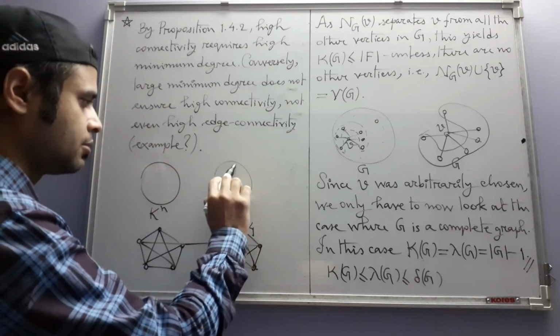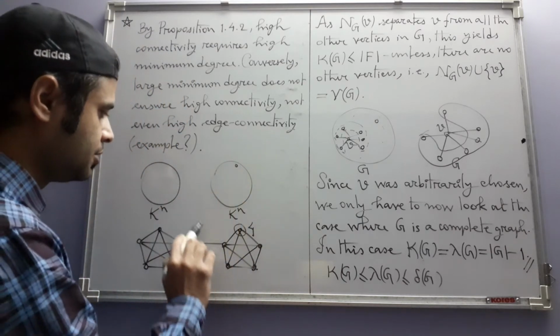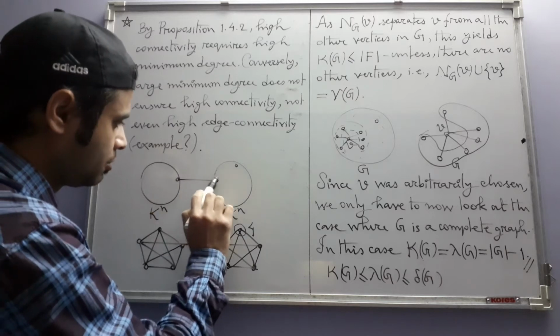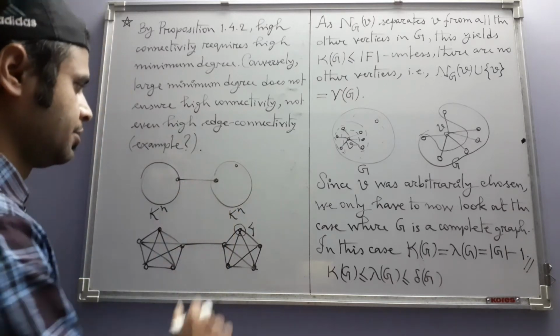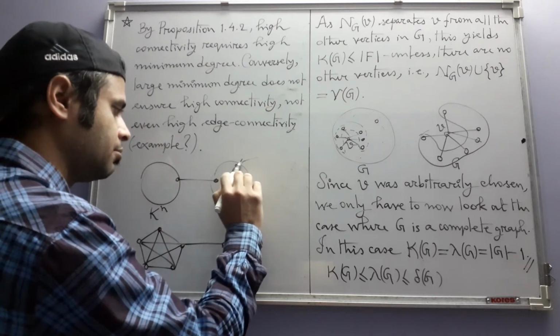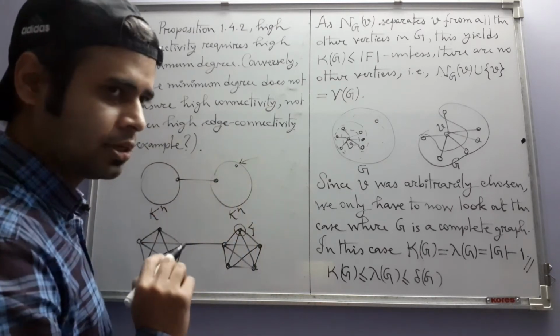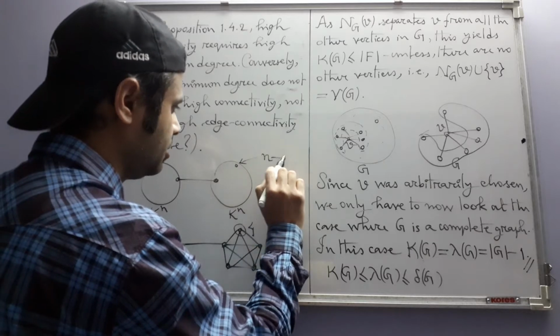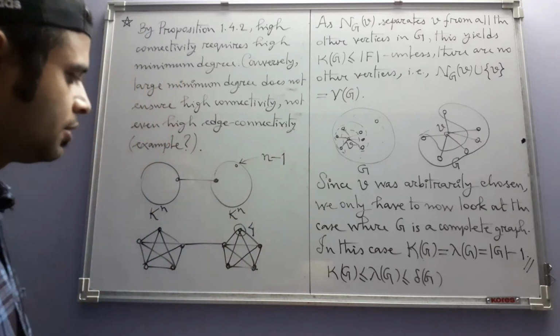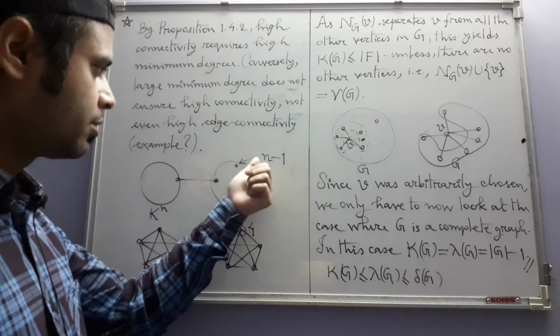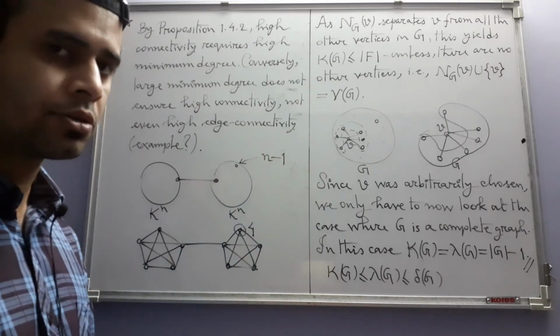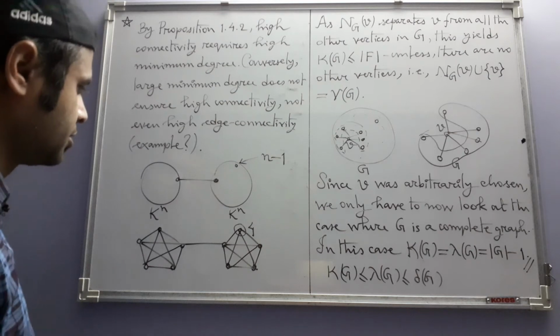In this case, if you consider a vertex which is not one of these two vertices that have been joined, then the minimum degree of the graph will be equal to the degree of that vertex, and that will be n minus 1. By making n as large as you wish, you can make n minus 1 also correspondingly as large as you wish.